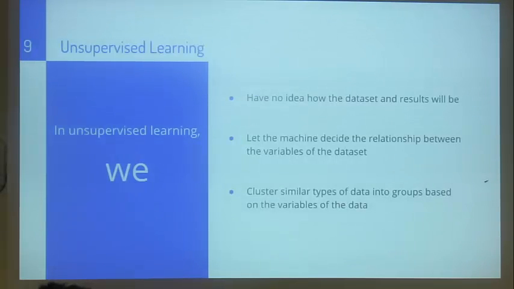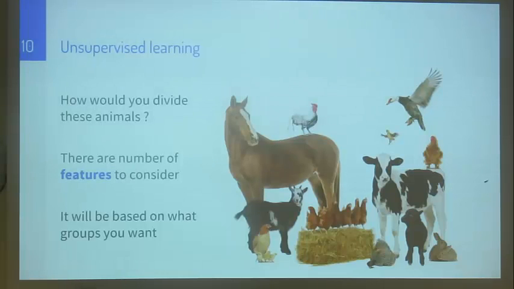So unsupervised learning. As I mentioned before, we have no idea about the data set that we are getting. So we let the machine decide the relationship between the variables of the data set, and doing that analysis, the machine clusters similar data into groups. Let's look at an example and try to understand.